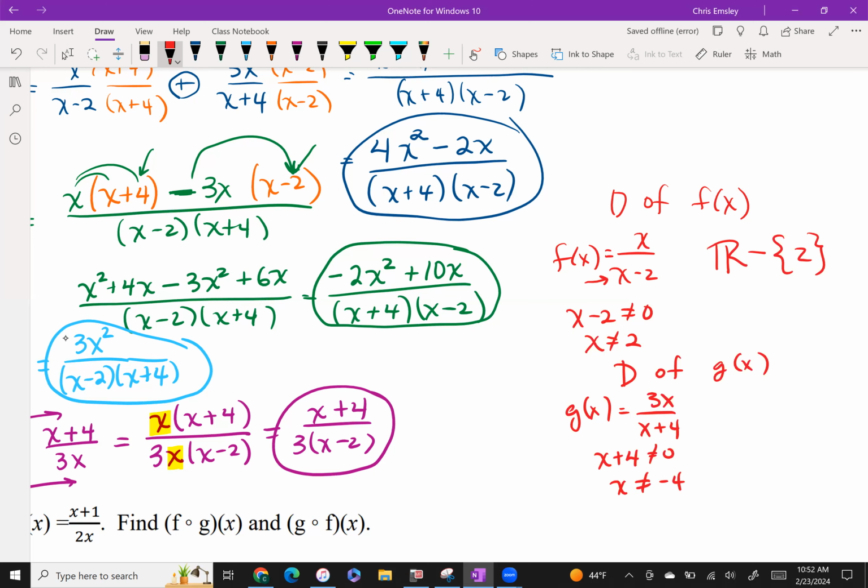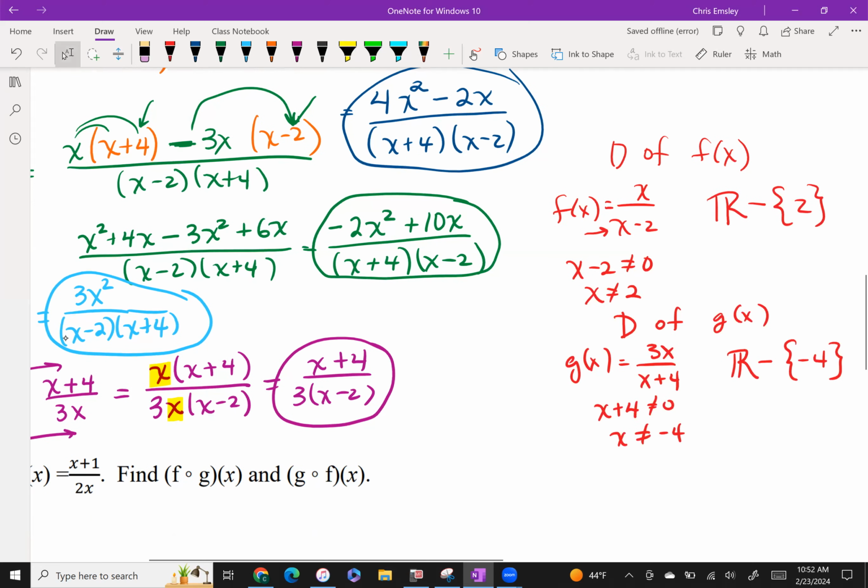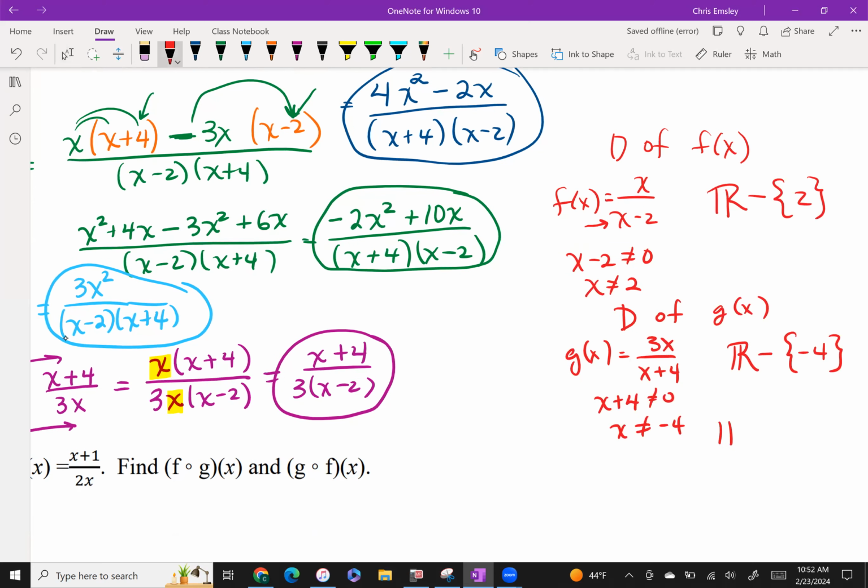So the domain of g of x is all real numbers except negative 4. The overall domain of the sum, the difference, and the product, we intersect these two domains or put them together. So our final answer would be all real numbers except, and we have to kick out negative 4, and we have to kick out 2. There is our domain of the sum, difference, and product.